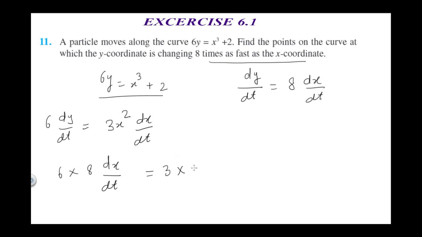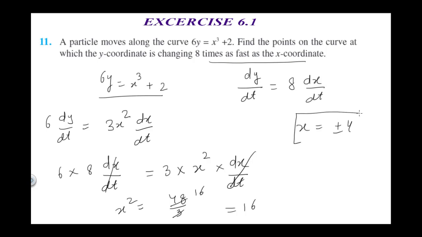Do we know that? We don't know. Let it be x square and dx/dt. Cancelling dx/dt on both the sides, we get x square as 48 upon 3, which is 16. Solving it, we get x equal to plus minus 4.